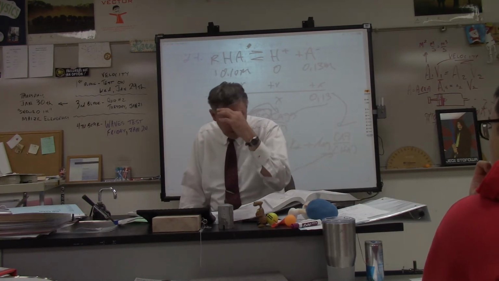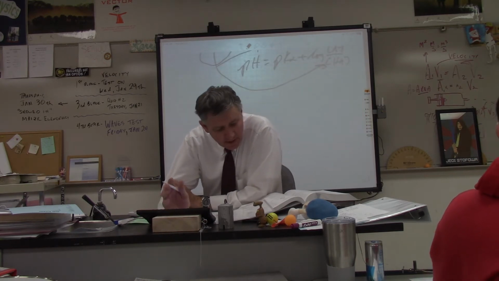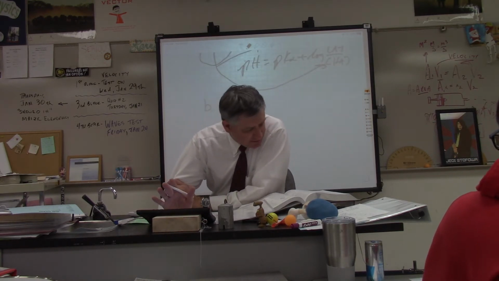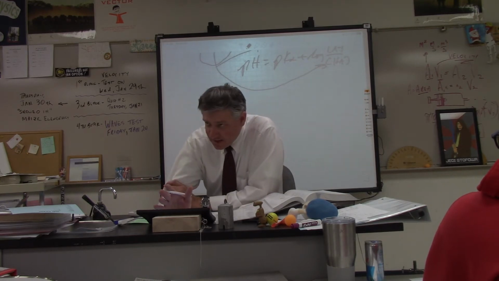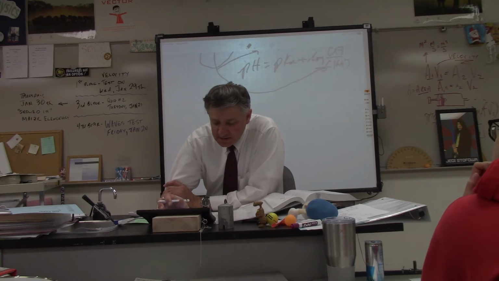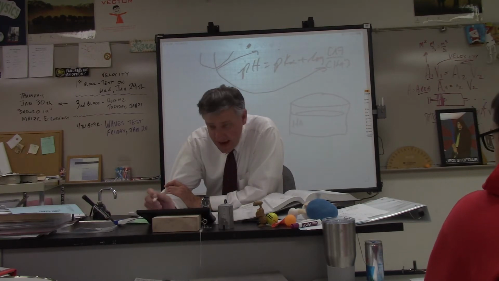Now, when you get to 27B, you're going to add 0.02 moles of potassium hydroxide. And again, you have to visualize what is going on inside this beaker. You have a bunch of acid.